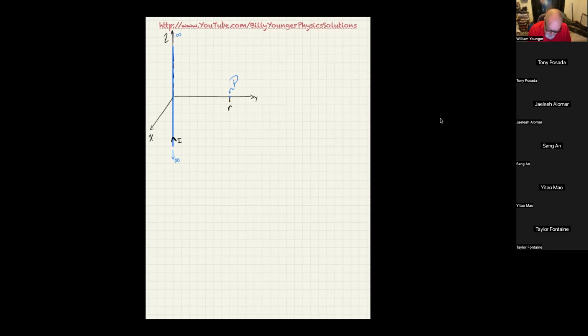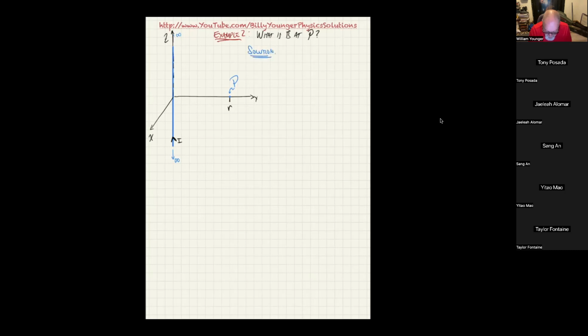So our solution, again, this is another example. What is B at P? That's the question. Solution.